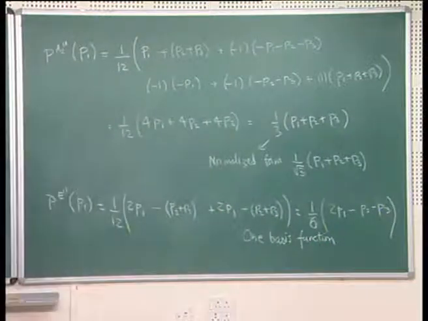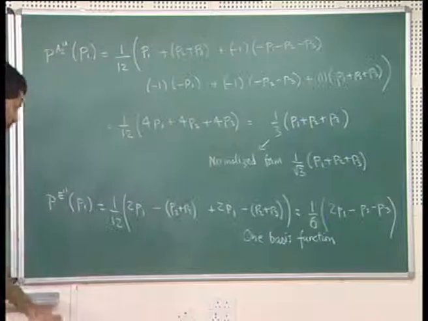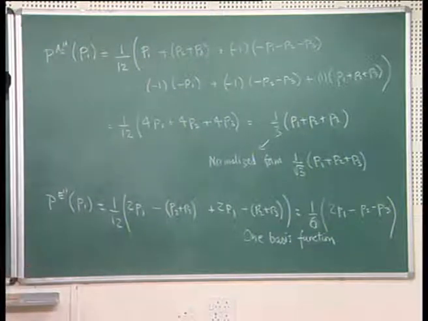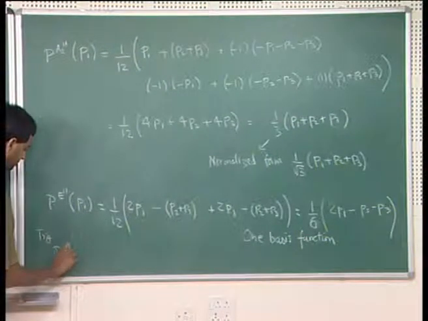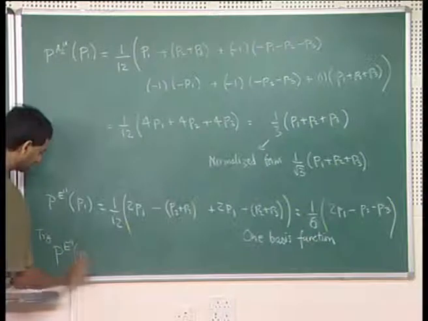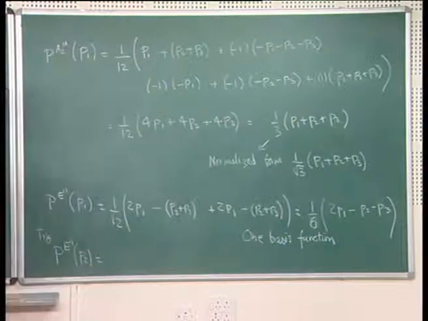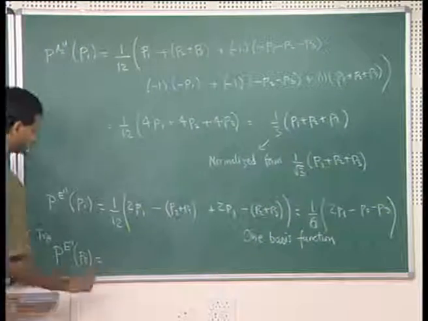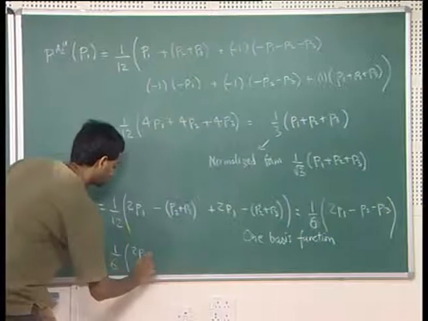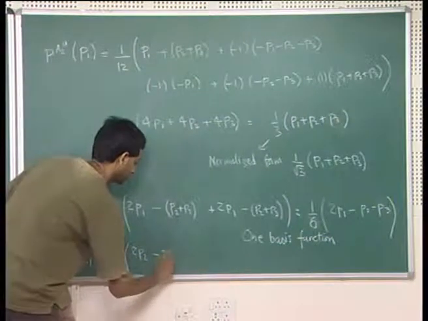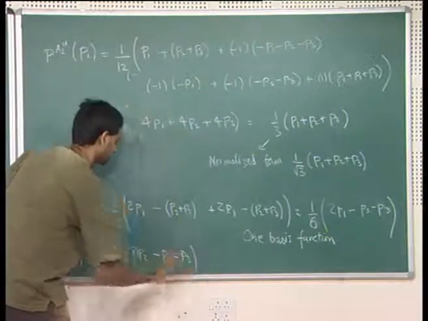Now we have to construct another basis function that is orthogonal to this. So to construct the second basis, let's try the projection of E double prime on P2. If you do this, you can show that what you will get is 1 by 6 (2 P2 minus P1 minus P3).